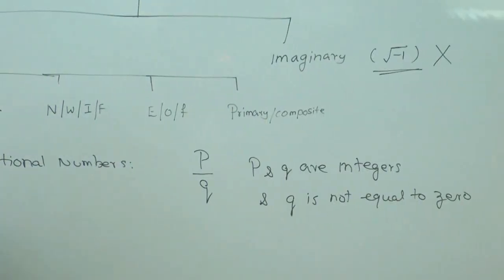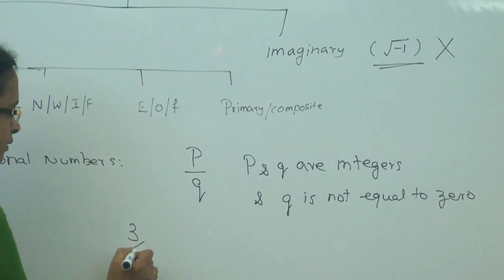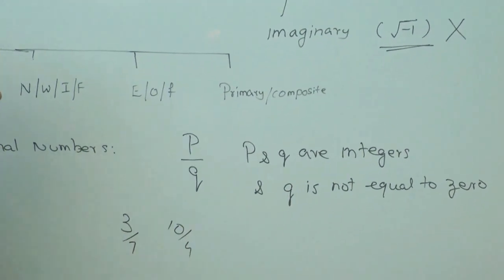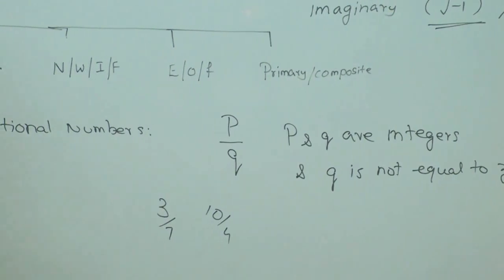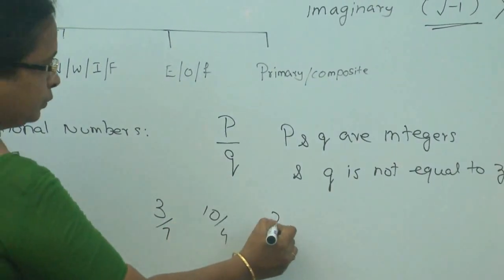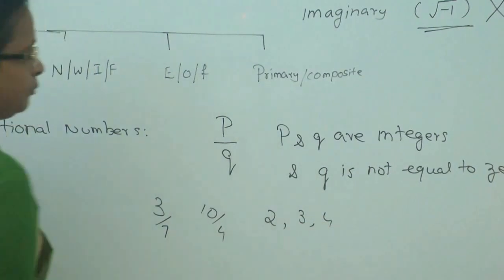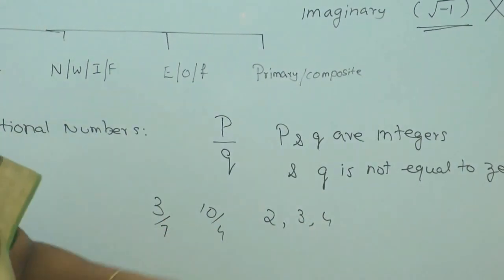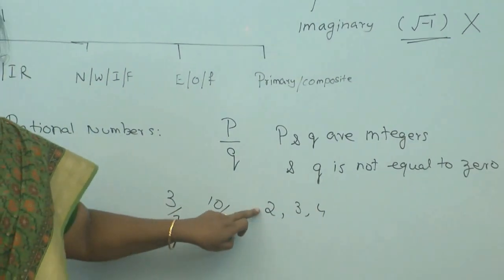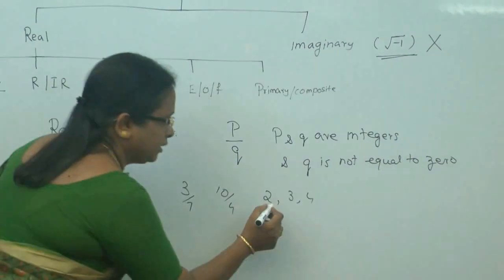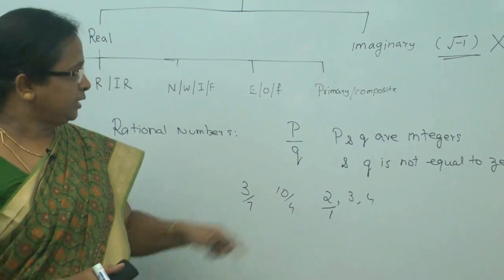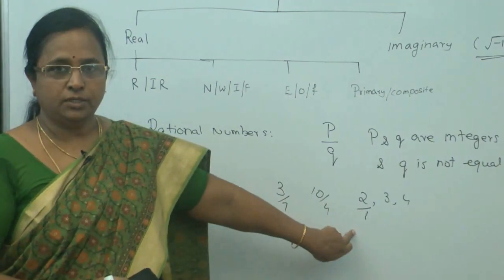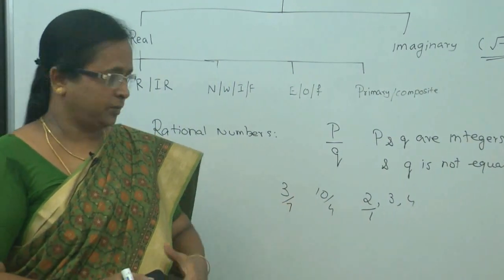We can say any number such as 3 by 7, 10 by 4, minus 7 by 8, all these are rational numbers. And also 2, 3, 4, because 2 is nothing but 2 by 1. 2 is an integer, 1 is also an integer, so 2 can be written as p by q, therefore it is a rational number. Then which is an irrational number?